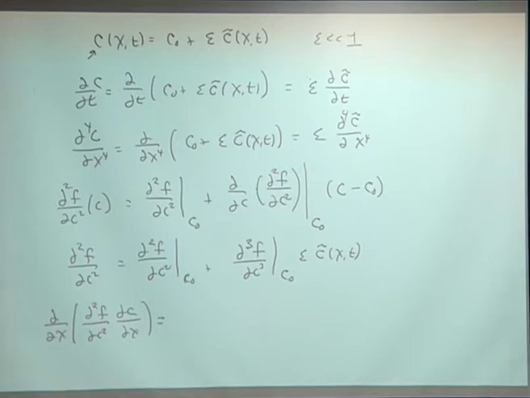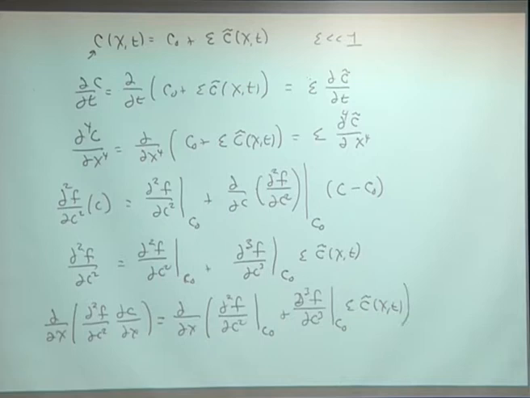So you get d by dx of, and then you have the first derivative, which is just epsilon partial c tilde with respect to x, because the C0 cancels.